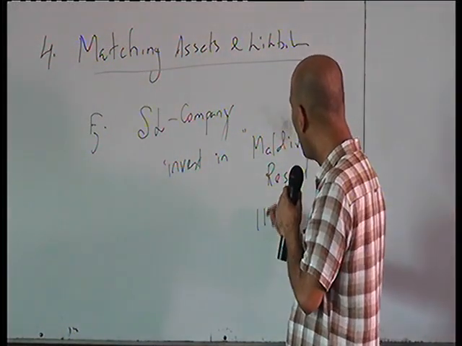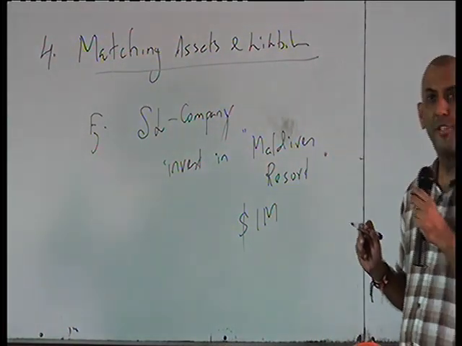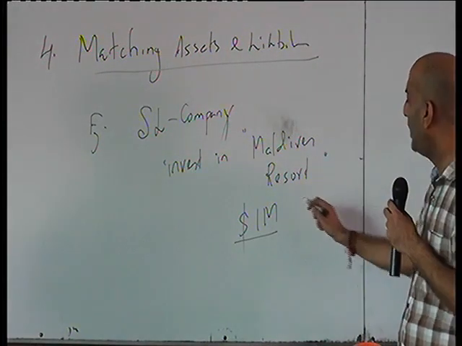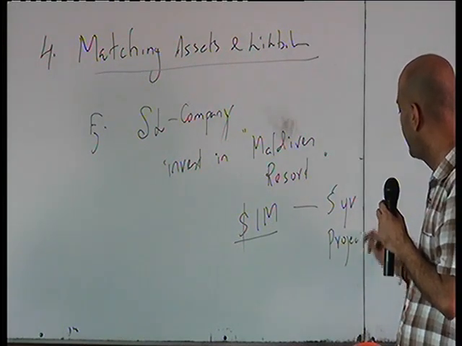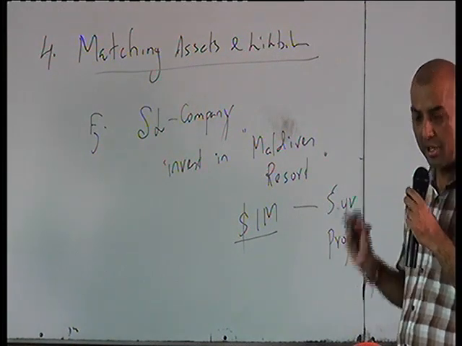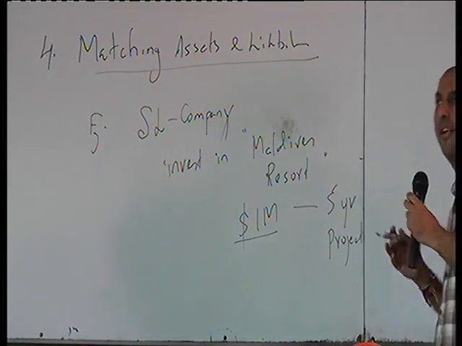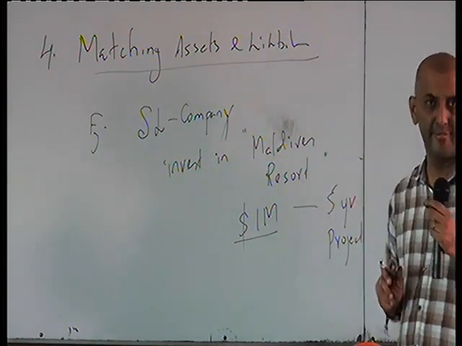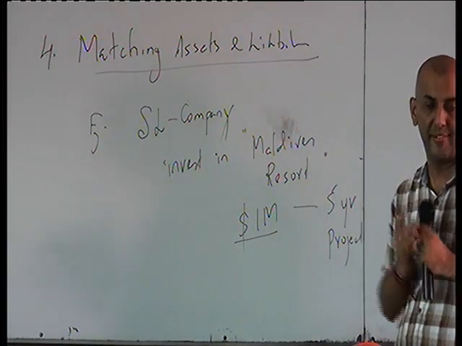Say it is $1 million, and this is going to be a 5-year project. You are investing in Maldives, $1 million, 5-year project. And apart from your normal return from your project, you realize the investment 5 years later. That's how it works. $1 million you invest, you can recover the $1 million 5 years later.